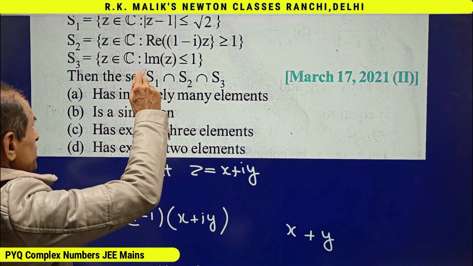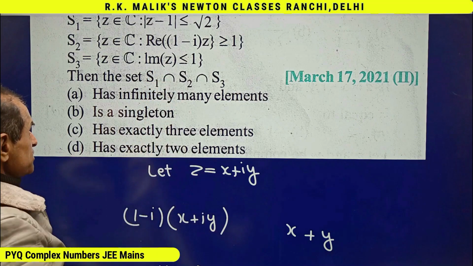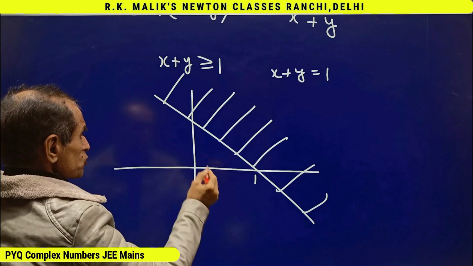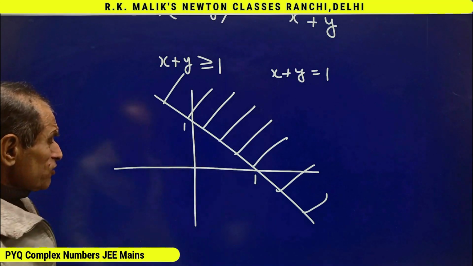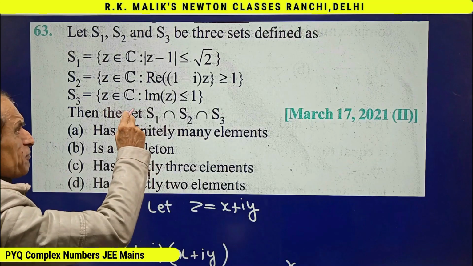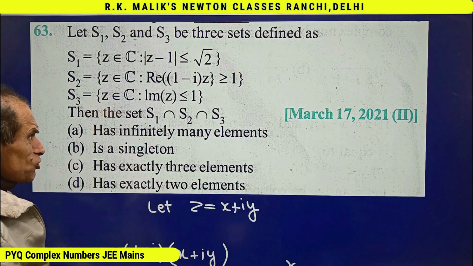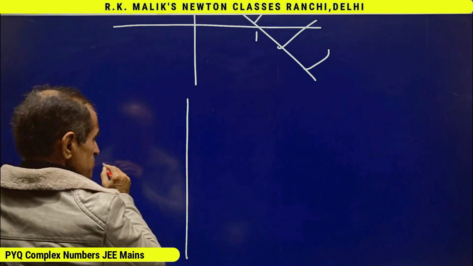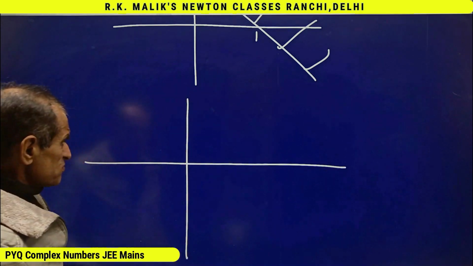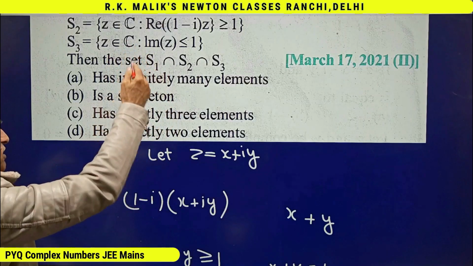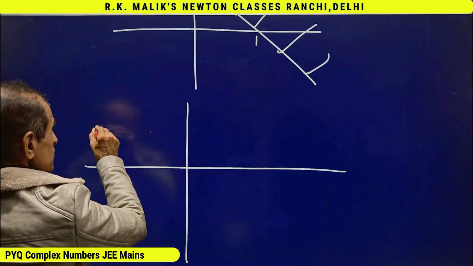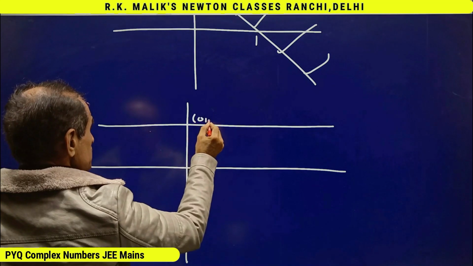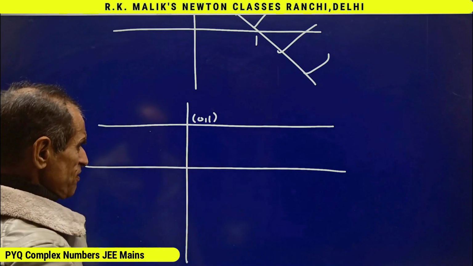And lastly, the imaginary part of Z is less than or equal to 1. Note that this point was also 1, this point was also having y coordinate 1. Imaginary part of Z less than or equal to 1 means to satisfy this condition, Z should lie below this line passing through 0, 1.